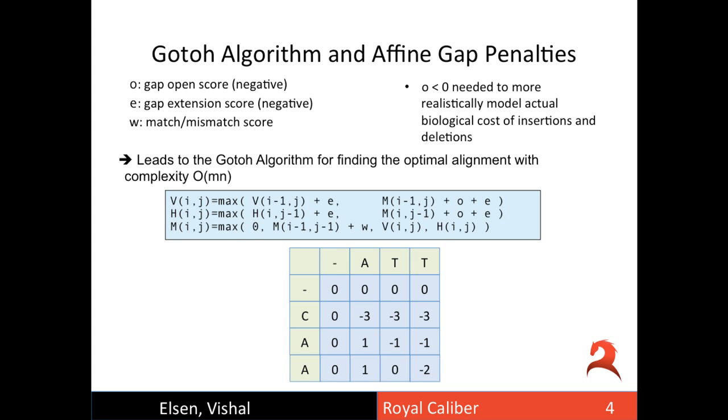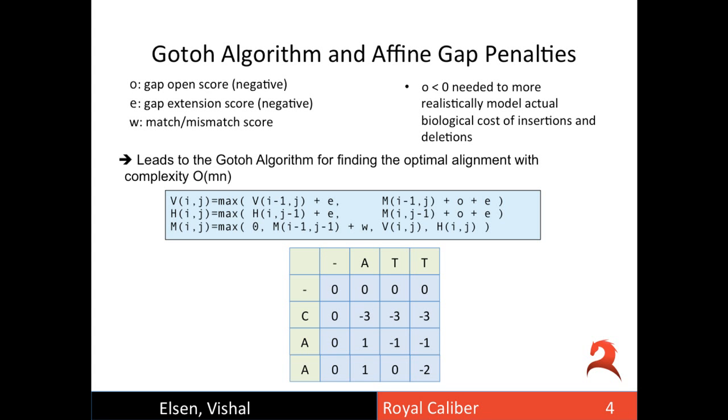And basically it's a recurrence relation with 3 values per cell. The basic idea is, we line up one sequence along the columns, one sequence along the rows, and then we have a matrix of size m times n that we need to fill in according to these equations.